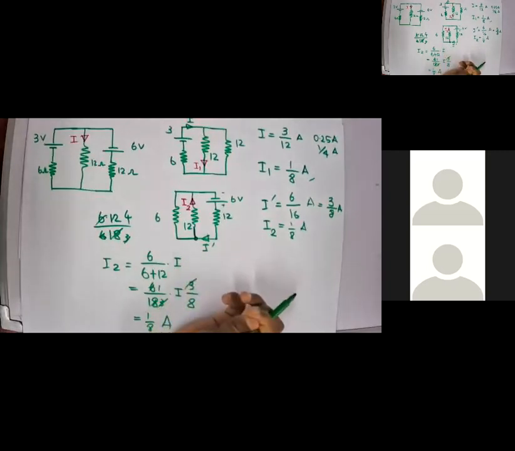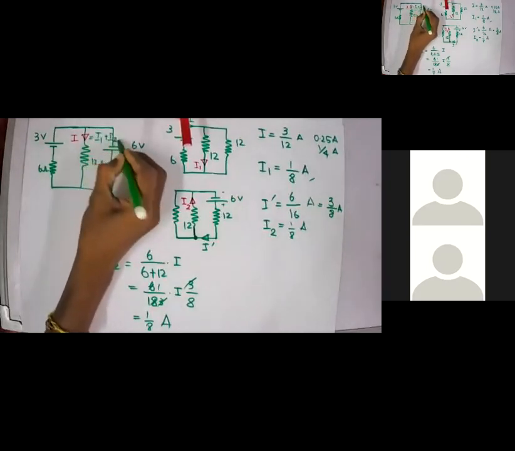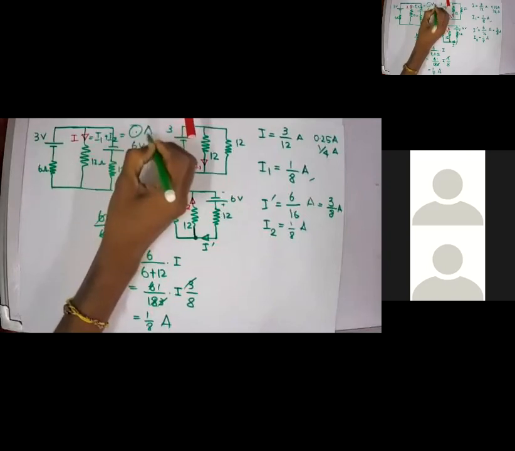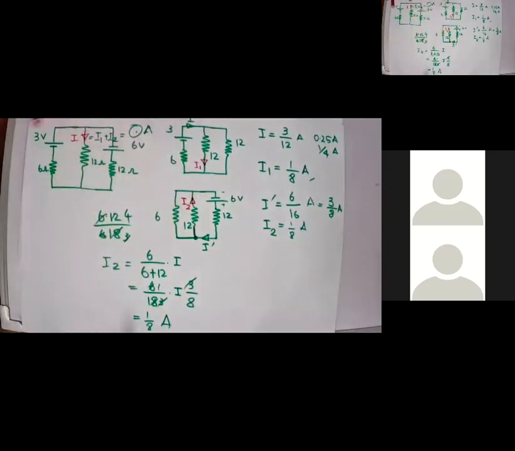What is I? It will be I1 plus I2, which is 0 amperes. Am I right? There will not be any current flowing through this 12 ohm resistor. Clear? So this is what the superposition theorem says.